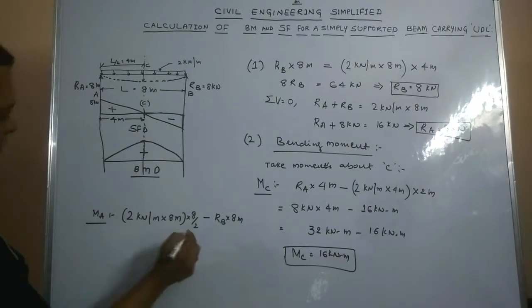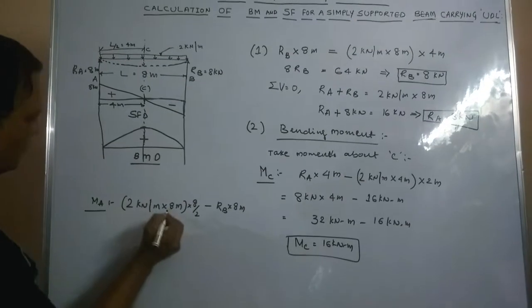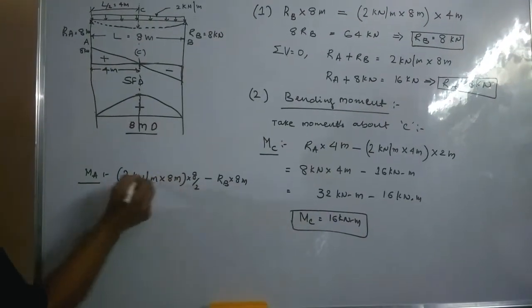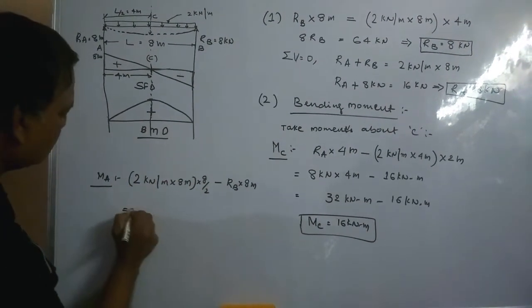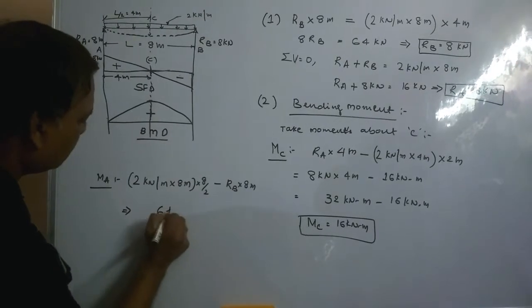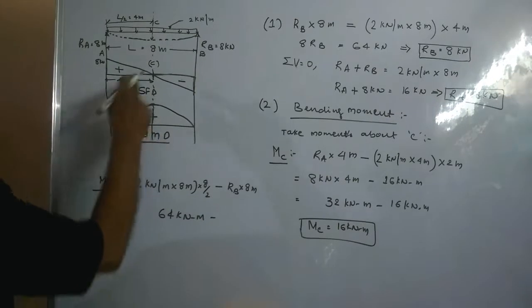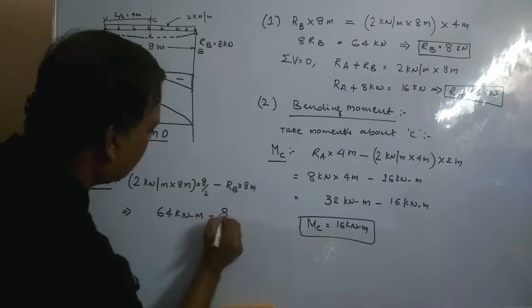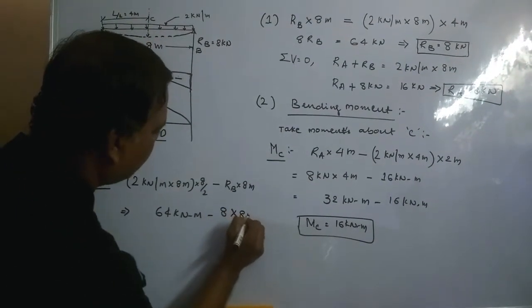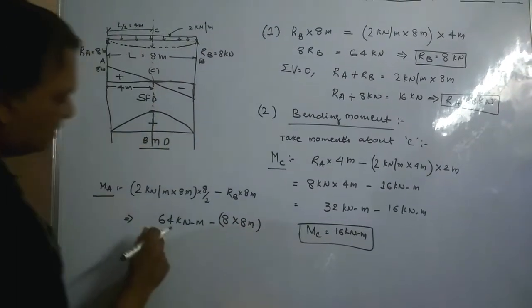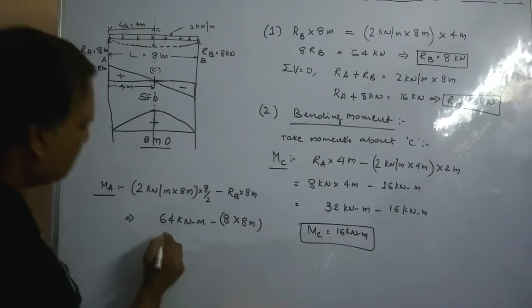So now let us simplify this. 4 into 8 is 32, 32 into 2 is 64 kilonewton meter, minus the value of RB, which is 8, acting at a span of 8 meters. So this is also 64, this is also 64.